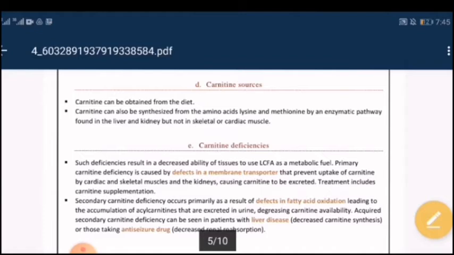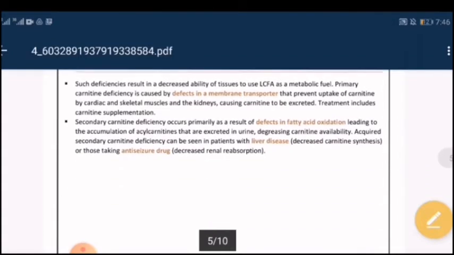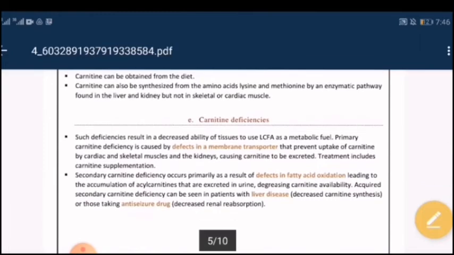When you eat meat products, you are getting carnitine. It is also synthesized from particular amino acids, lysine and methionine. This occurs inside liver and kidney cells and does not occur inside skeletal or cardiac muscle cells.